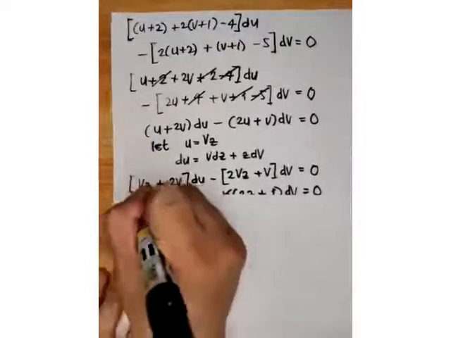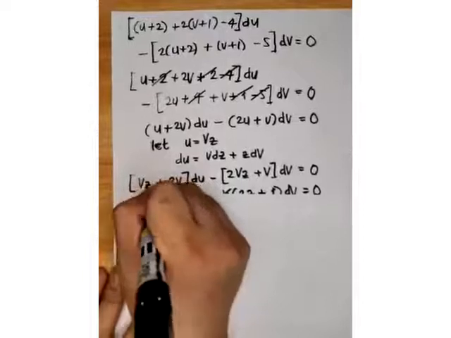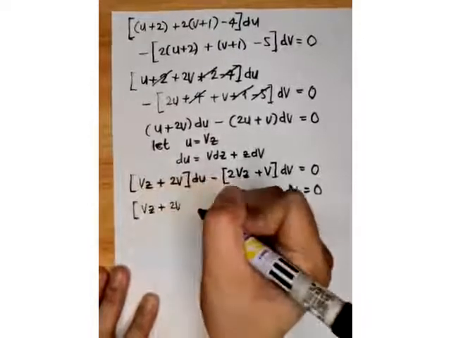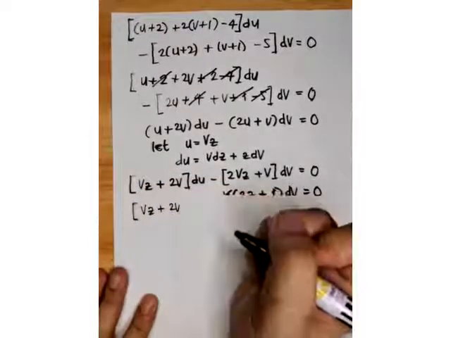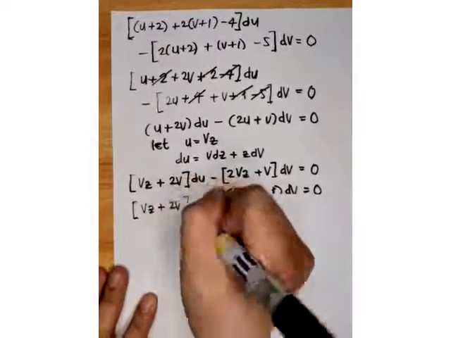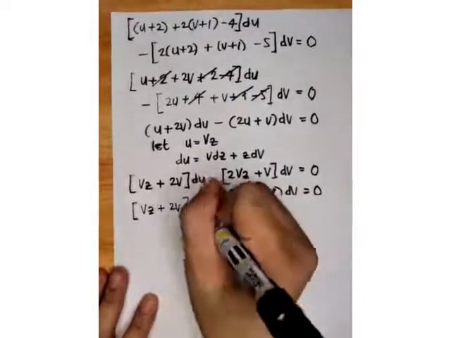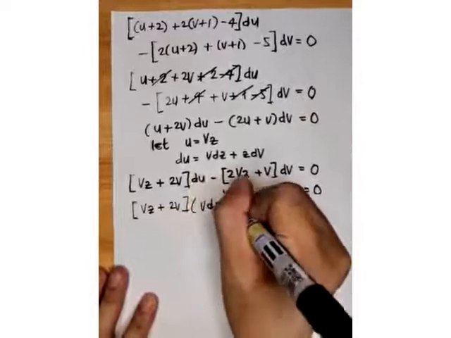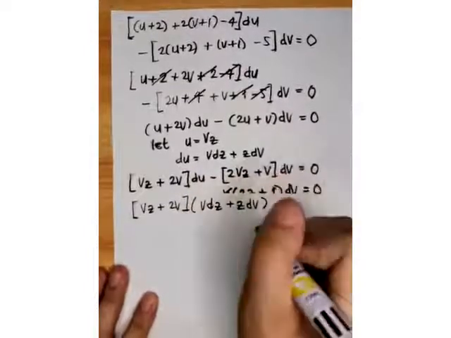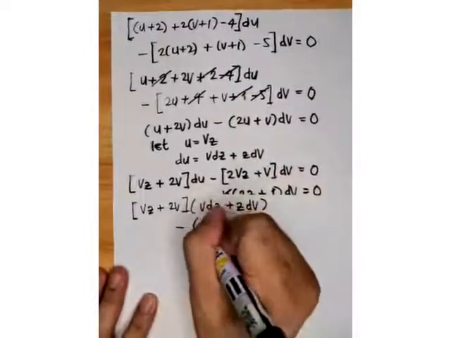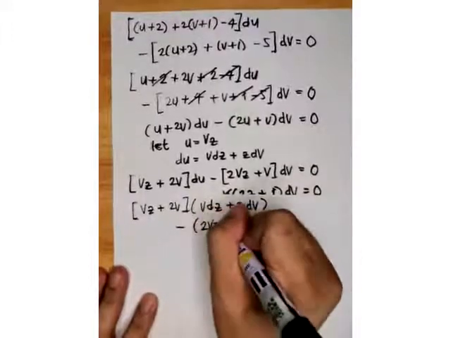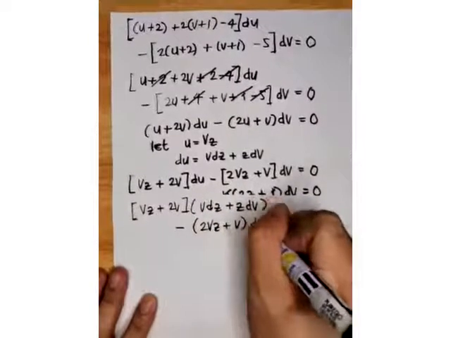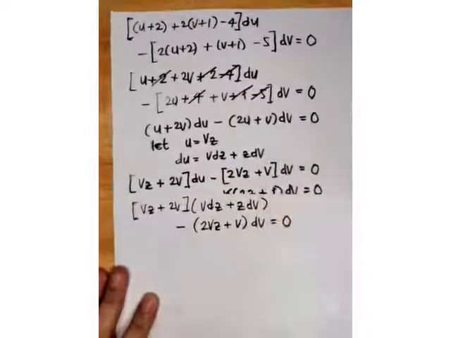So, vz plus, nawawala. Kaya pala, inisip ko nawawala yung z. 2v times v dz plus z dv minus 2vz plus v dv is equal to 0.